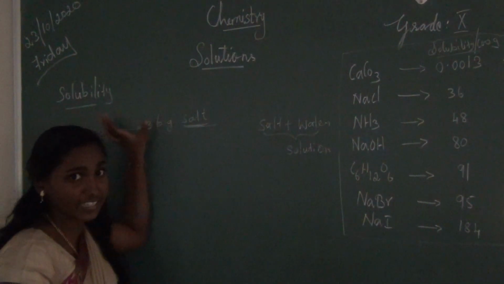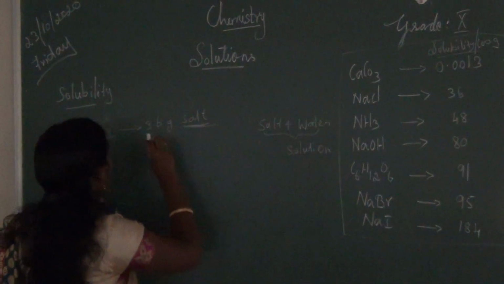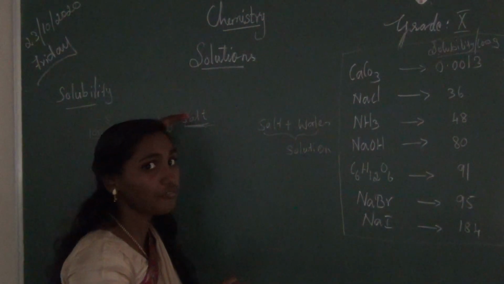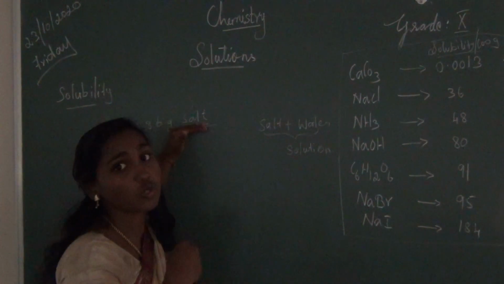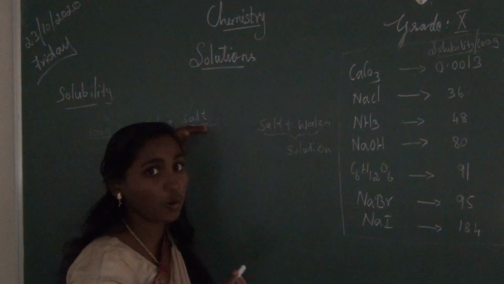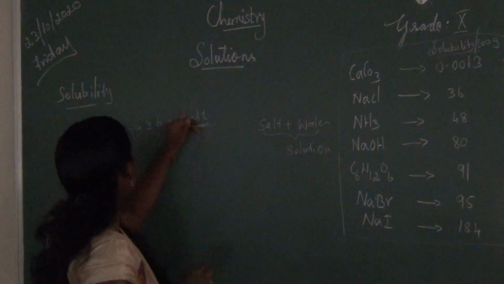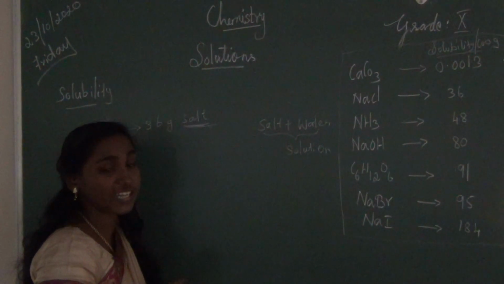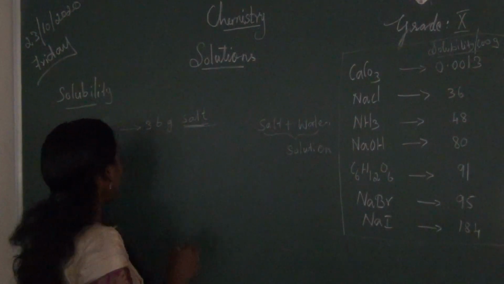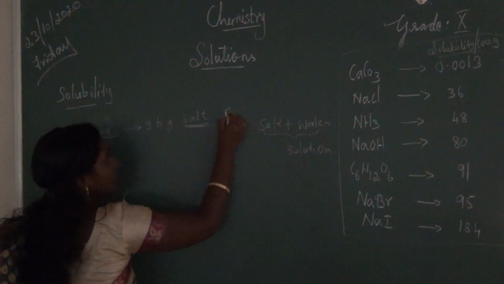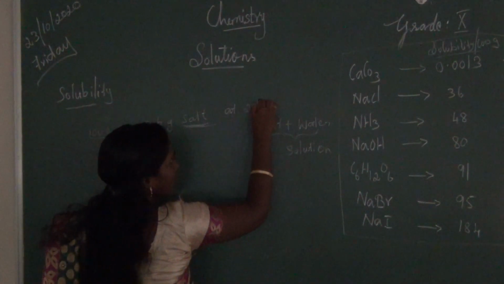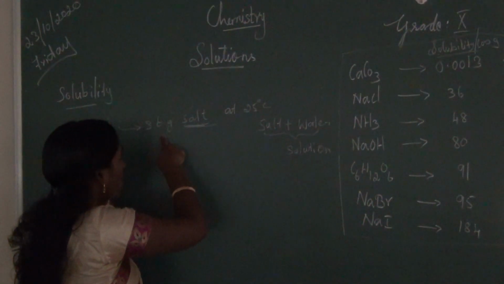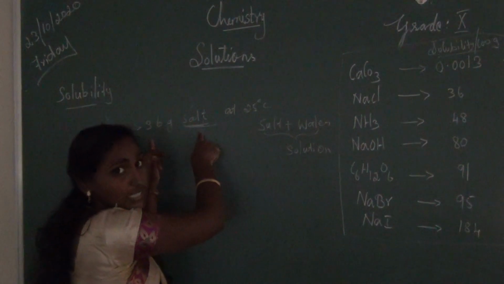Solubility is defined as the amount of solute dissolved in a definite amount of solvent at a definite temperature. At 25 degrees Celsius, 100 gram of water can dissolve 36 gram of salt.